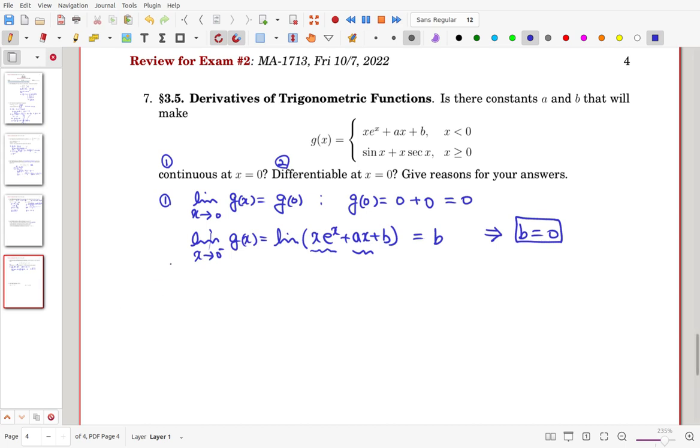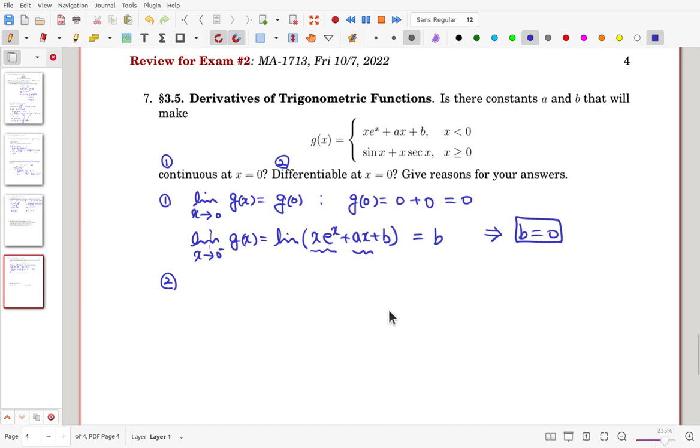Okay, now the second part. Differentiable means that the left-hand side is differentiable, as it is x e to the x, a linear term and an exponential term, and also the right-hand side, that is sec, 1 over cosine x, so at least in a small interval it is differentiable.